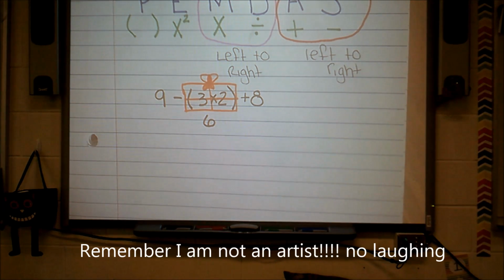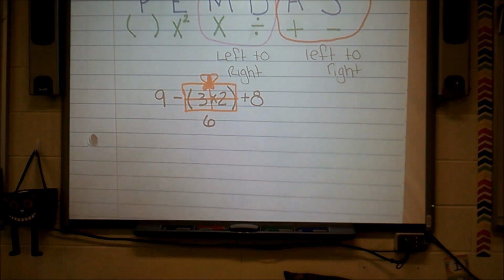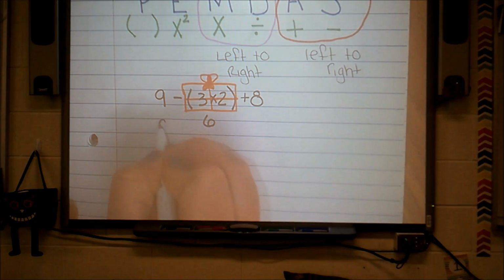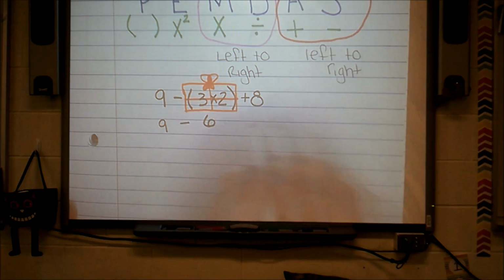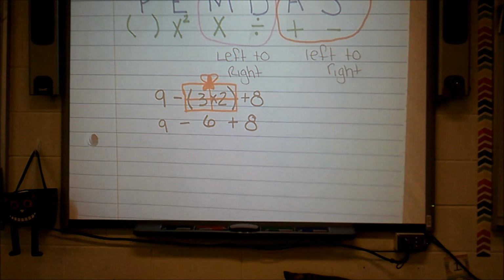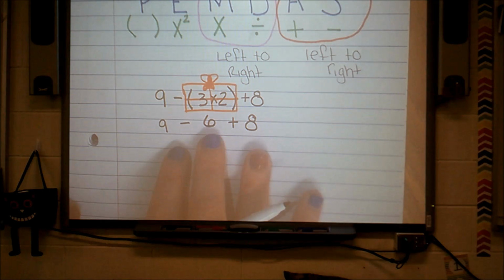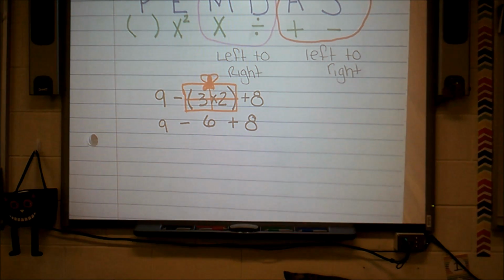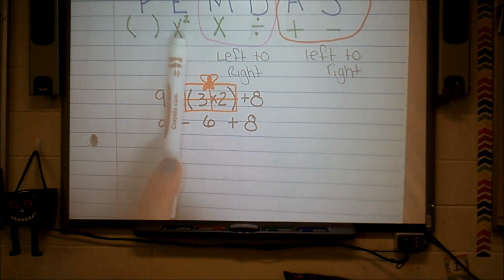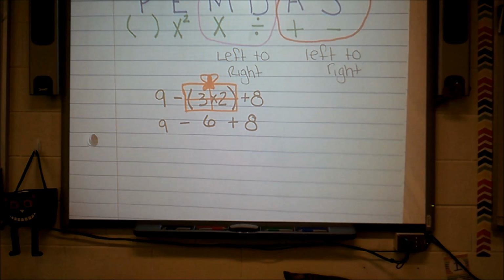Okay? Rewrite everything else that is not wrapped up in the box. 9 minus plus 8. Everything that was not in that box is now written on this line. So then we ask ourselves, do I have any exponents? I don't see any.